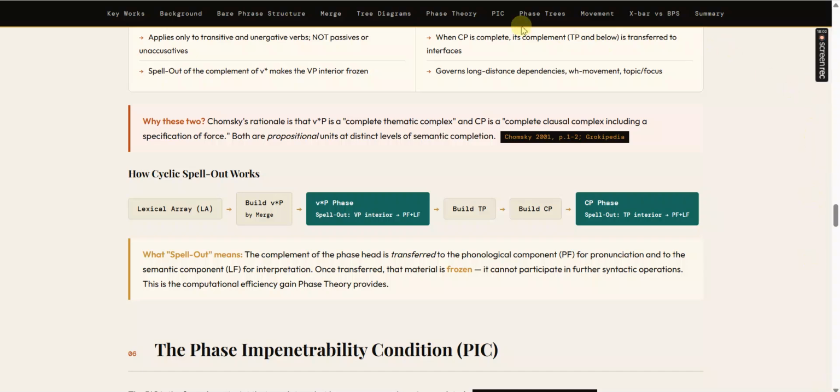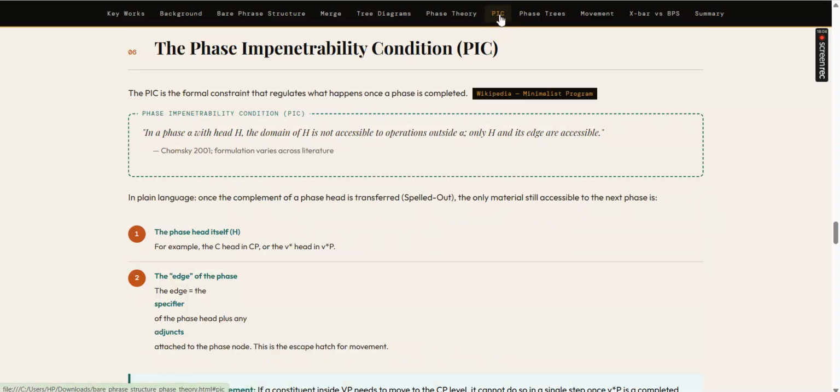Now moving onward to the phase impenetrability condition, PIC in short. It is a formal constraint that regulates what happens once a phase is completed. Chomsky said: in a phase alpha with head H, the domain of H is not accessible to operations outside alpha; only H and its edges are accessible.